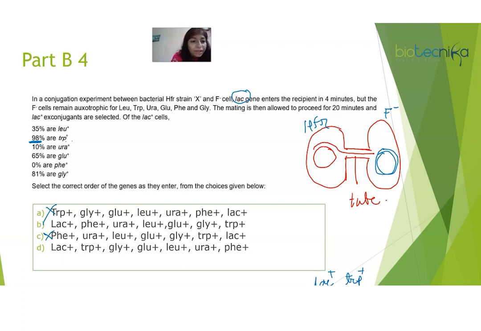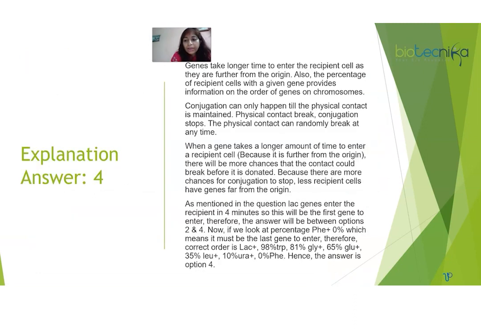Now after TRP, the next highest percentage is GLY, so it has to be GLY. After GLY, the next highest percentage, GLU. After that, the next highest percentage, LEU. And then URA.